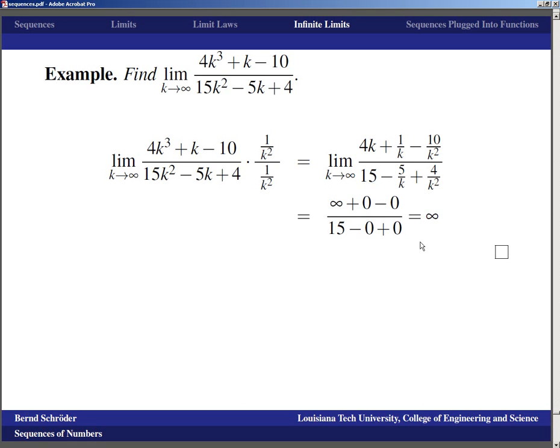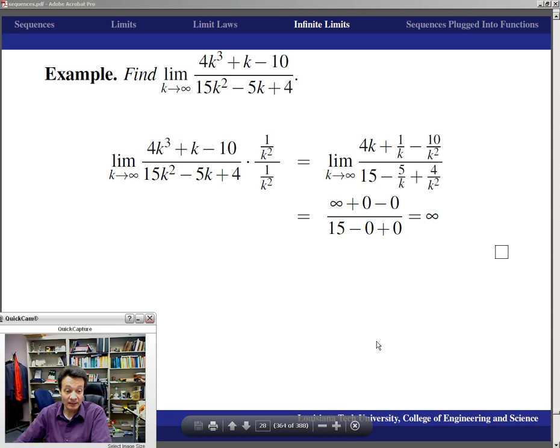And that is infinity. Now, one of the things that you may have seen in a pre-calculus class when you computed horizontal asymptotes of rational expressions is that there is a theorem where you can memorize what happens when various powers line up in various ways in the numerator and in the denominator, and that theorem gives you the horizontal asymptote, respectively the limit, directly.